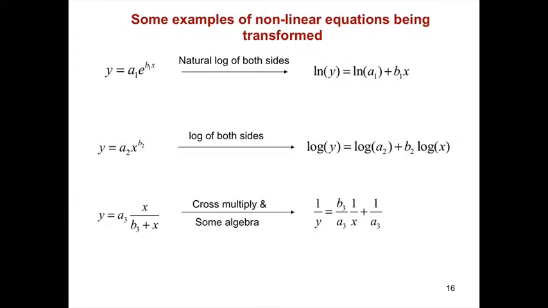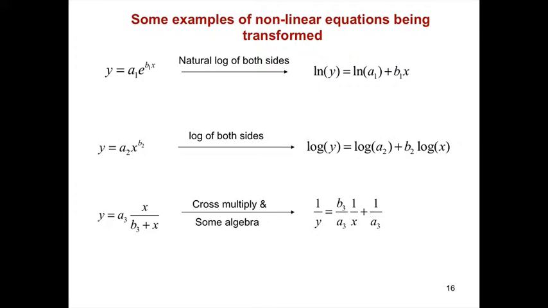So I do need to know a little bit of something about logarithms. Whenever I have log of a product, it's a sum of logs of the individual factors. This is log A2 plus log x^b2.